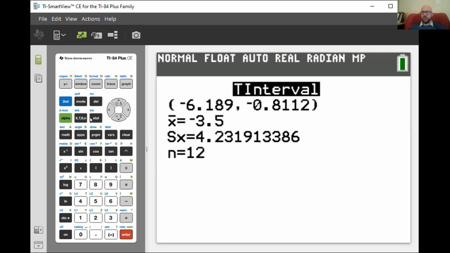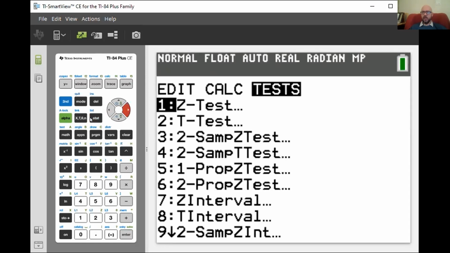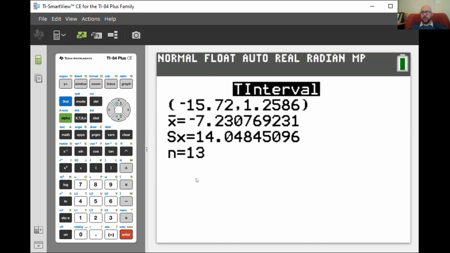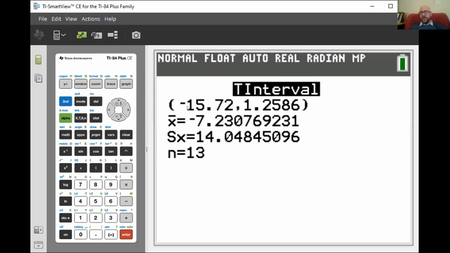You could also do this with the outlier left in by doing it on L3. And remember, the standard deviation is going to be a lot larger here, so this should be a much wider interval. And it is, right? Negative 15.72 up to 1.26. So a thing you might say is, wait a minute, 0 is in that interval.